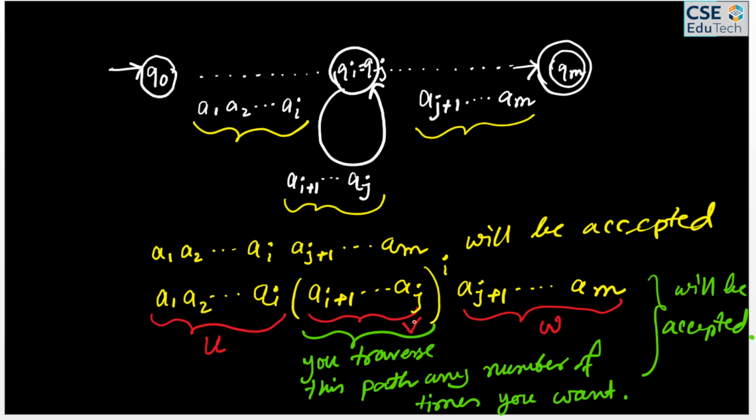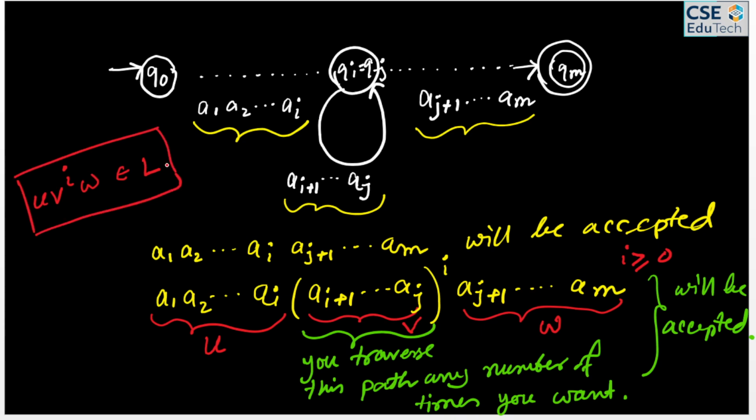And v is a string we can apply any number of times. So here it is i number of times, where this i is greater than or equal to 0. Clear? So now we can say that u v to the power i w belongs to the language L. Clear?